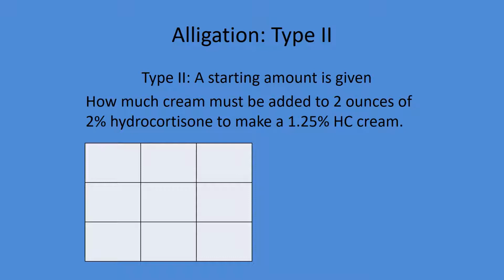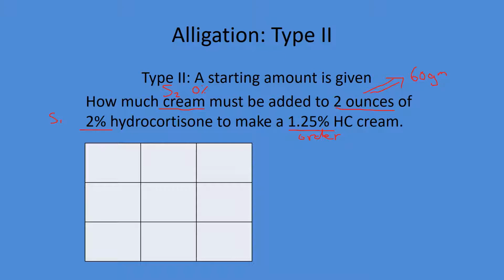So the order is here. That's going to be the order, because that's what we'll need to make. We have a 2% supply. That's our first supply. And cream is our other supply. That is at 0%, just like sterile water for injection. And our given amount is 2 ounces. So I'll convert that to about 60 grams.